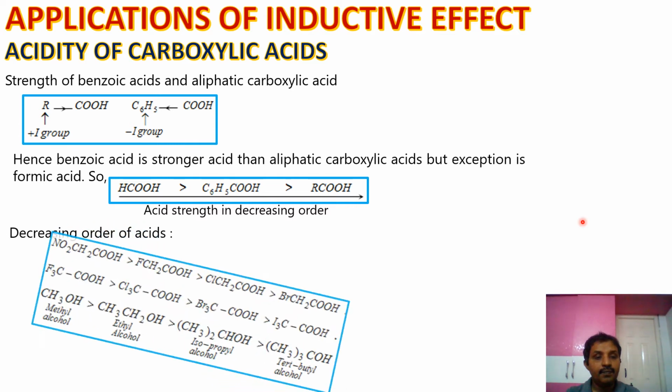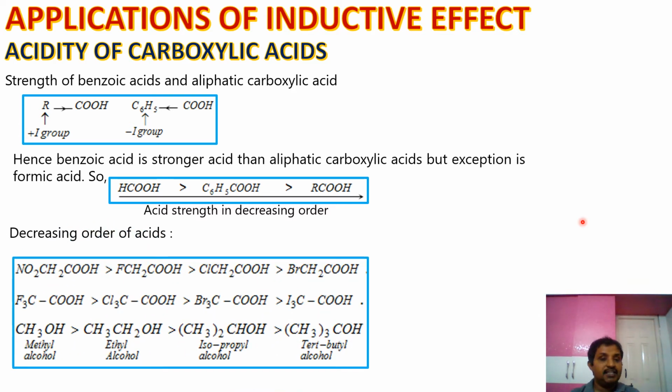Now let us discuss the decreasing order of acidity. We know, as we have just discussed, that electron withdrawing groups increase the acidity.